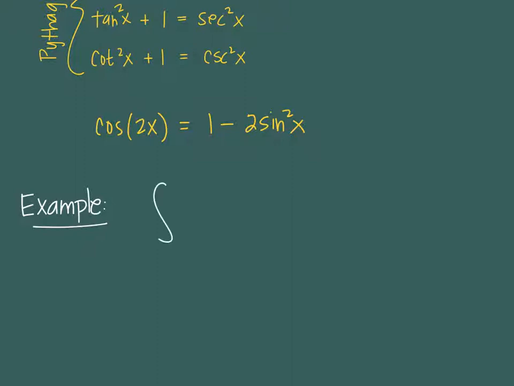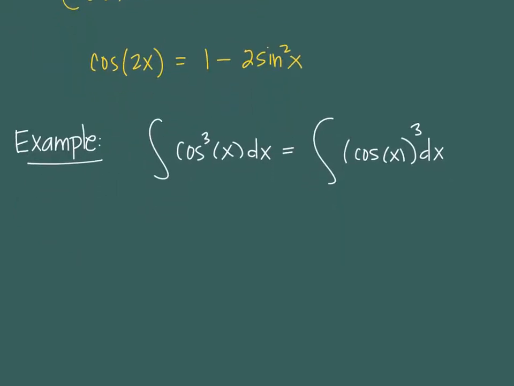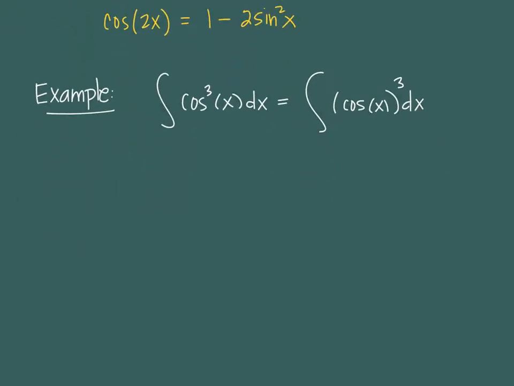Integrating something like cosine cubed of x, which, again, I was talking to Justine about thinking of that in terms of parentheses. So it would be cosine of x within the parentheses of cubed dx. Traditional u substitution doesn't work here, because according to the traditional rules of u substitution, what would you choose as your u?